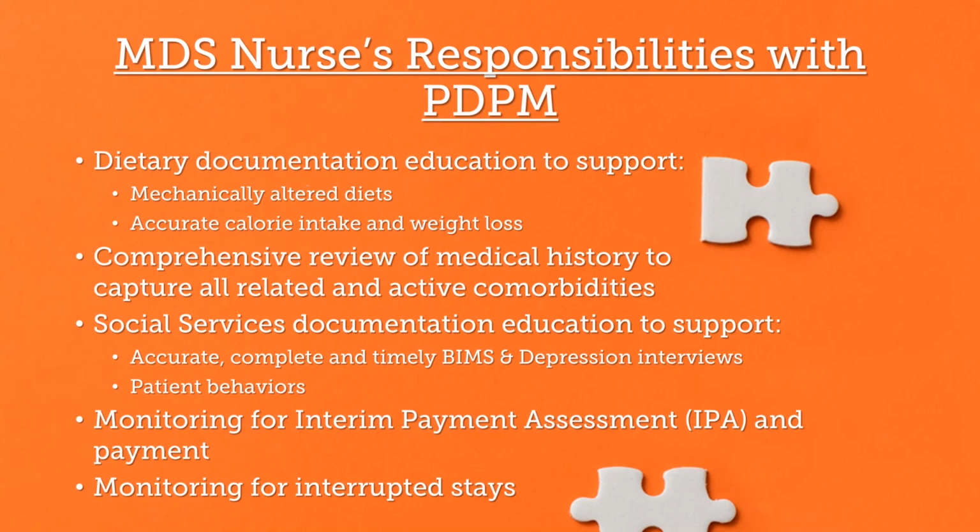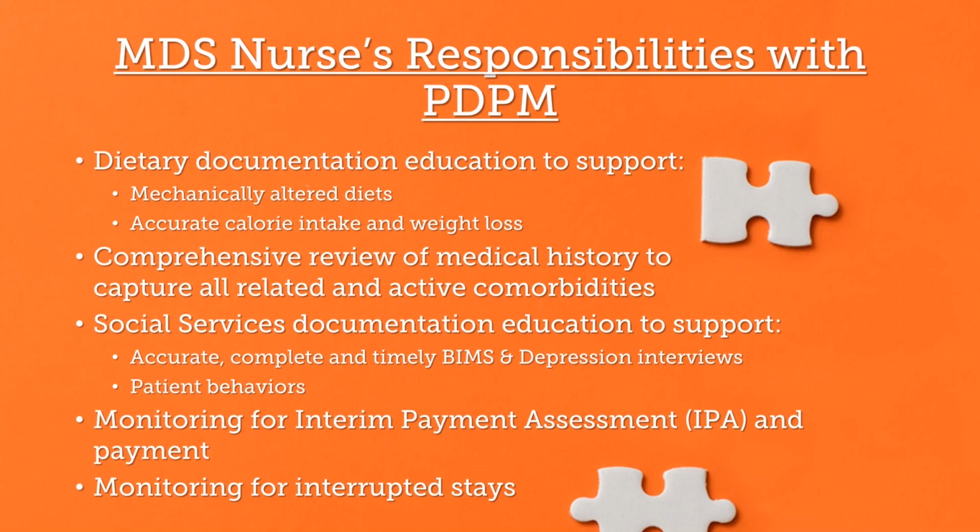The staff has to determine when or when not to complete it. Is there enough return and impact on the payment to compensate for the time it's going to take to do one? So I do believe this will be a role of MDS nurse responsibility and oversight, with assistance from the floor nurse and the team.